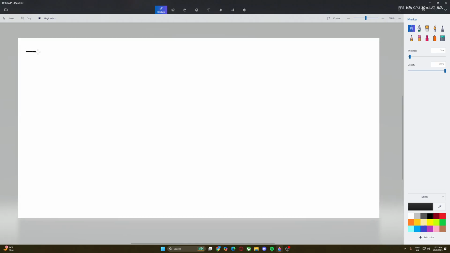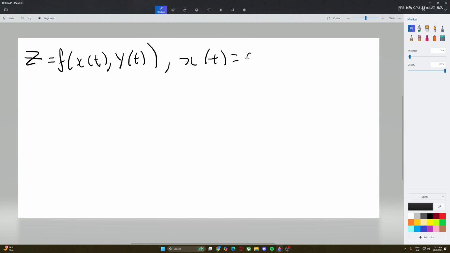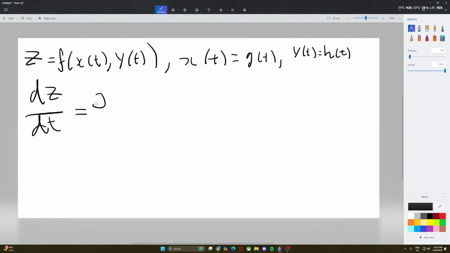So say z is a function f of x of t, y of t, where x of t equals g of t and y of t equals h of t, then that's basically saying that dz/dt is equal to the partial derivative.